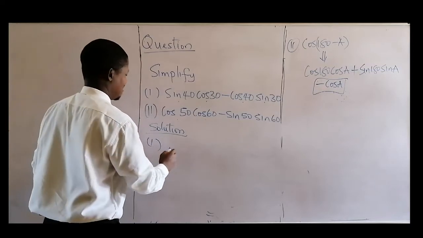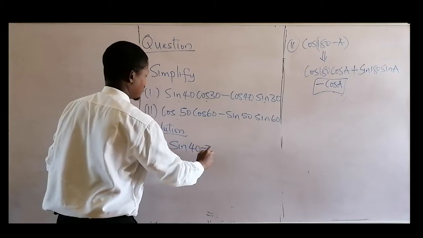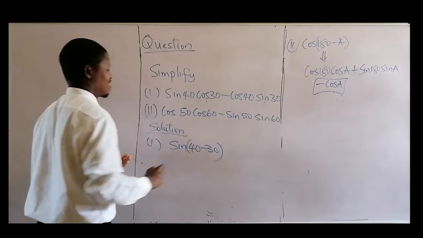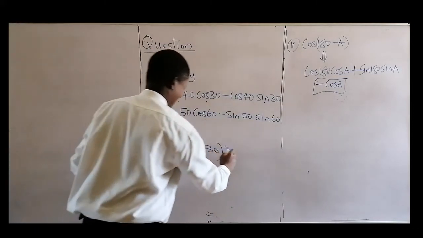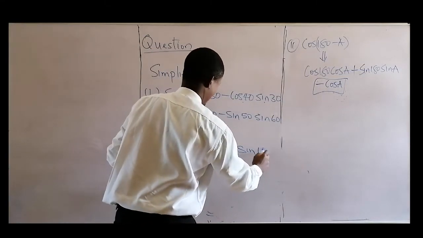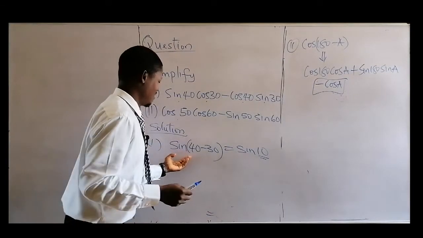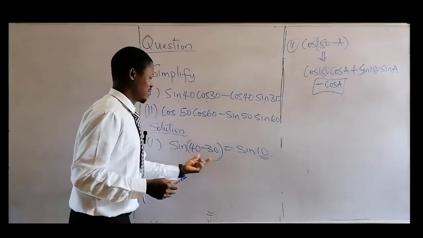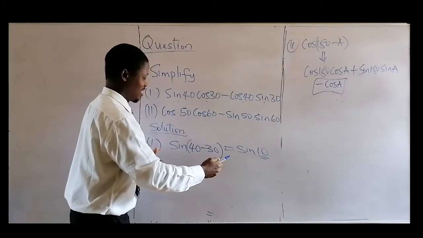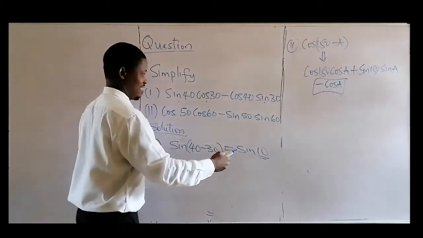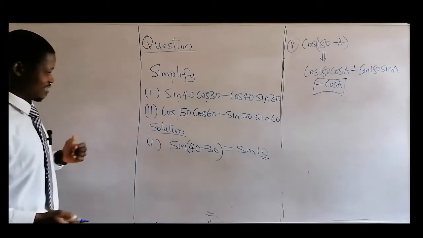It is sine 40 minus 30. That will give me sine 10, because sine 40 minus 30 gives sine 40 cos 30 minus cos 40 sine 30. So that's that.